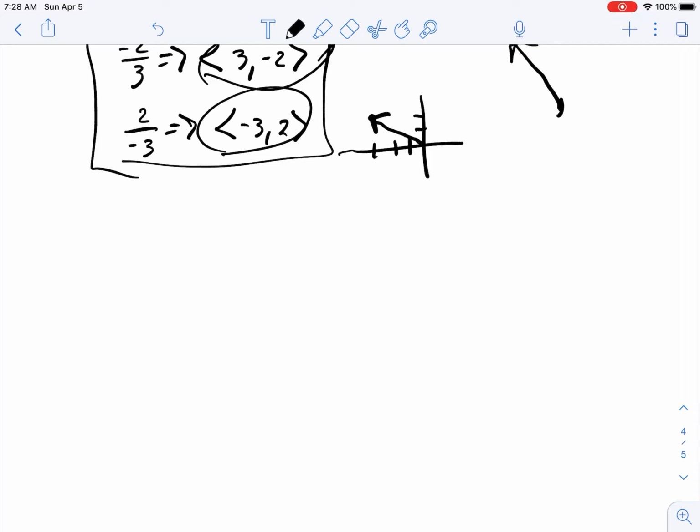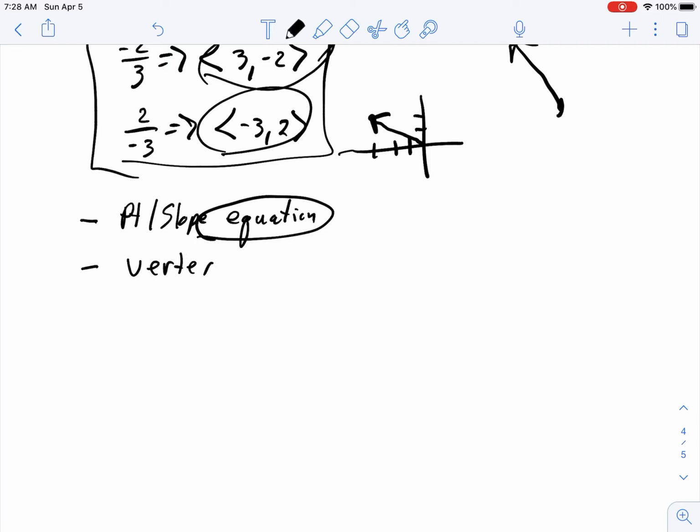So in conclusion here, you have the point-slope equation. Again, the key word, the equation. Big fan of that. Now, obviously, you notice that the vertex form works pretty slick.